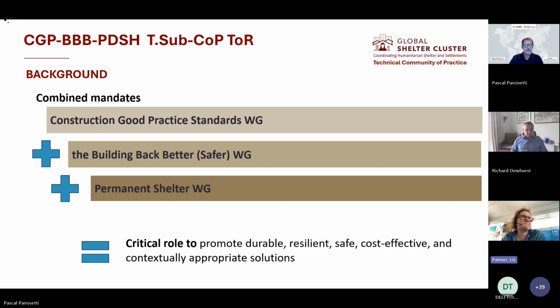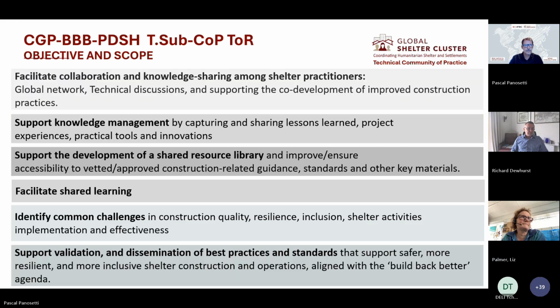Next slide, please. With many of the communities of practice, we have similar objectives within our terms of reference. The link is provided in the slides. The obvious ones being facilitated collaboration, knowledge sharing, networking, knowledge management.